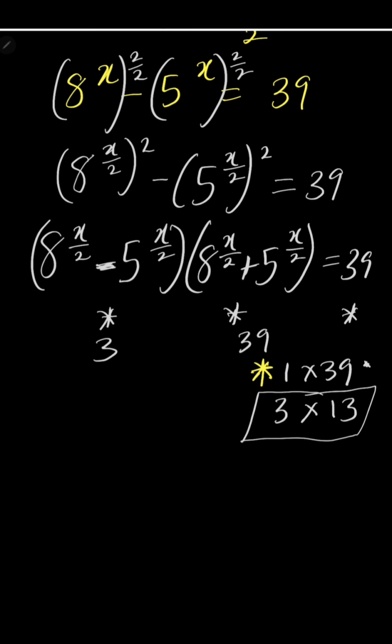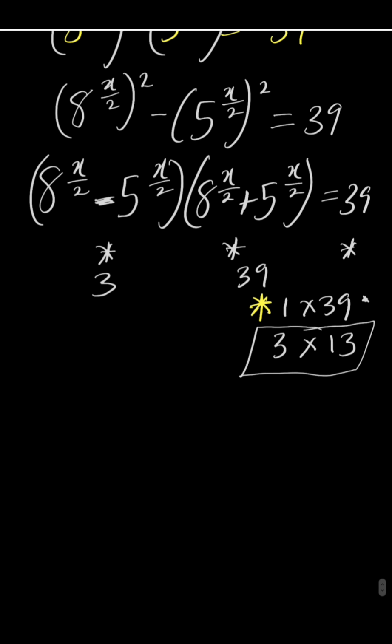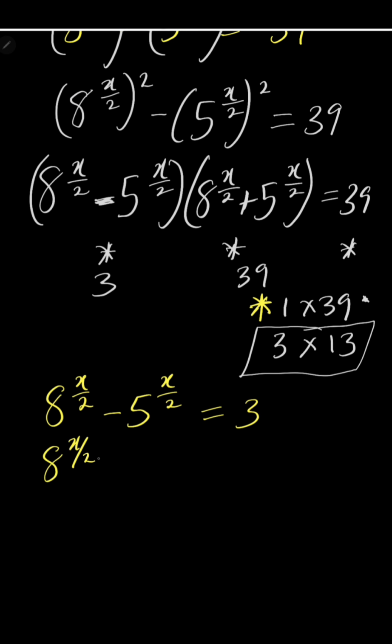Do you think we can get integer solutions from both of them? It's still possible, so we can still test it at the end of the day. So let's say that 8 raised to the power of x over 2 minus 5 raised to the power of x over 2 is 3, and then 8 power x over 2 plus 5 power x over 2 is equal to 13.